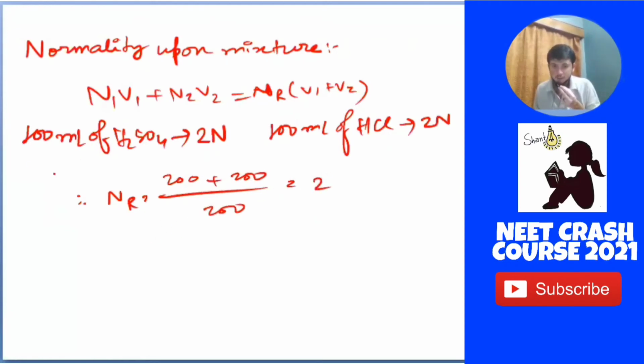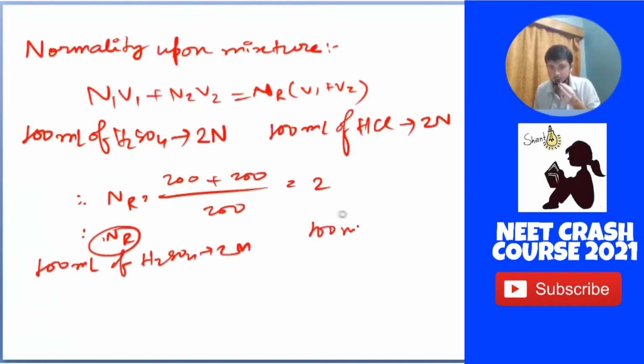But if its molarity is given and they want to know its resultant normality, then what do we do? That's where the n factor comes in. Let us take that example also, that is 100 ml of H2SO4, which is 2 molar, and 100 ml of HCl, that is 1 molar.